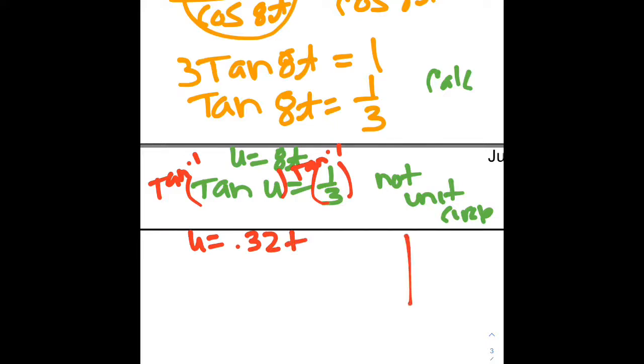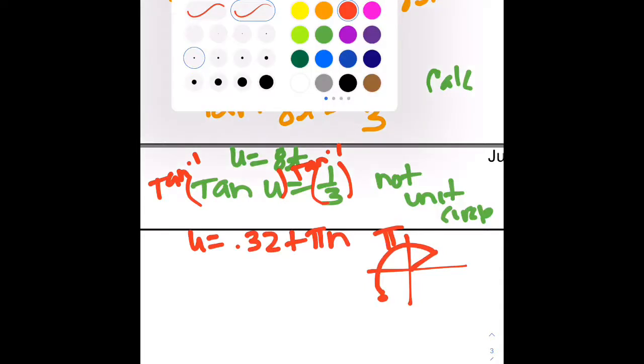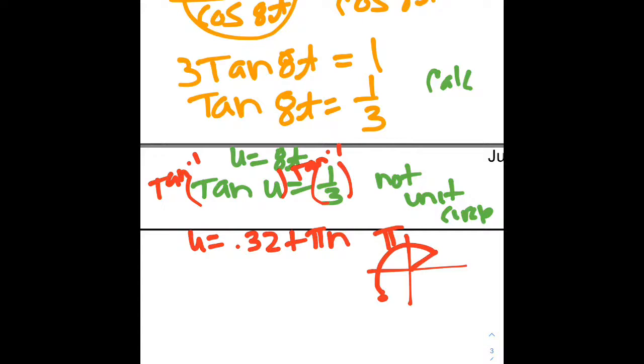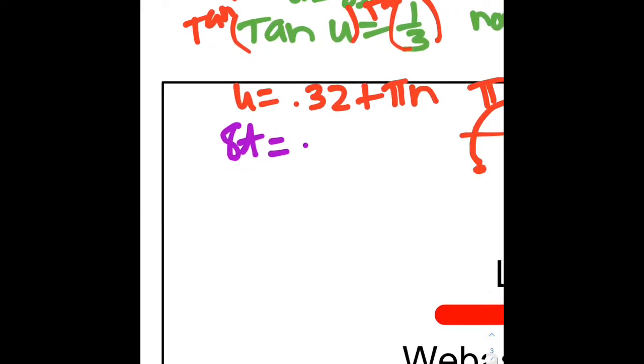And you have to think about what they just gave you. 0.32 radians is going to be in the first quadrant. Isn't tangent also positive in the third quadrant? What is that distance between those going to be? Pi. So all of the pi n revolutions are also going to work. We do not want what u is, we want what t is. So 8t is equal to 0.32 plus pi n.